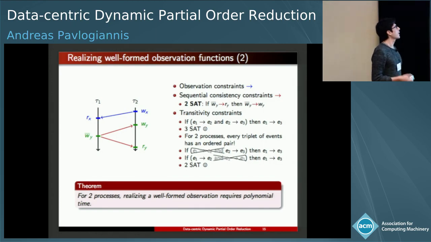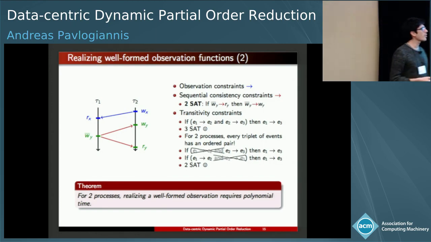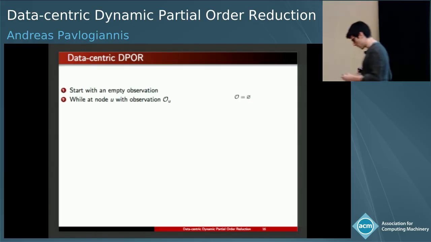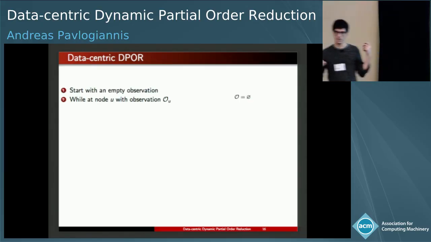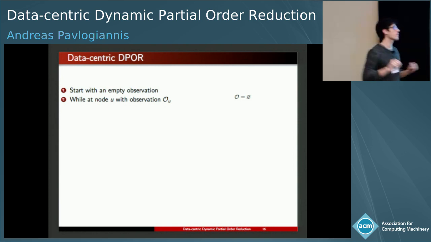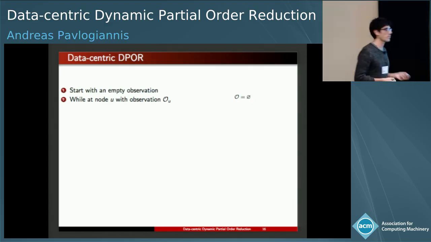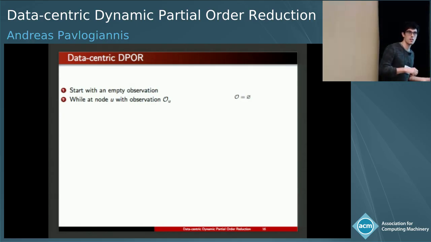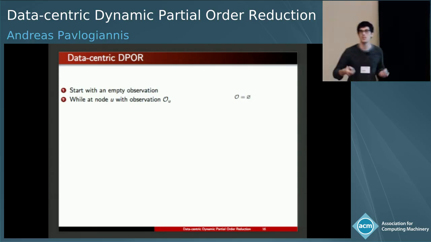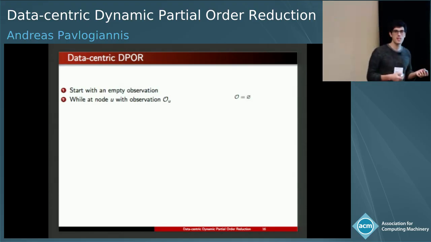Fine. So now, having solved this core algorithmic problem, we're going to use it as a black box to guide our exploration of the observation partitioning. In particular, this is going to be a recursive process, so we will view it as a tree. In every node of the tree, we're going to be constructing an observation function using our previous theorem and the algorithm that comes with it to get back a witness trace.